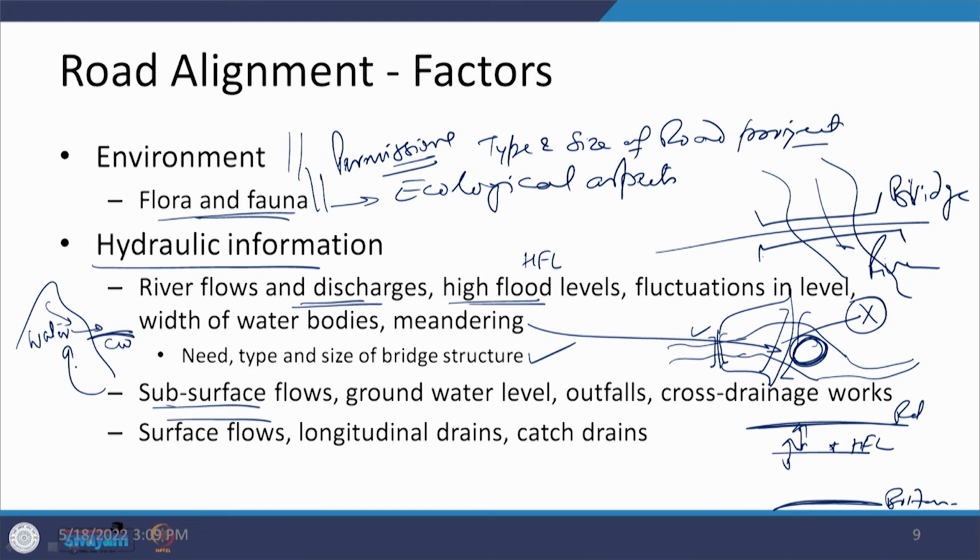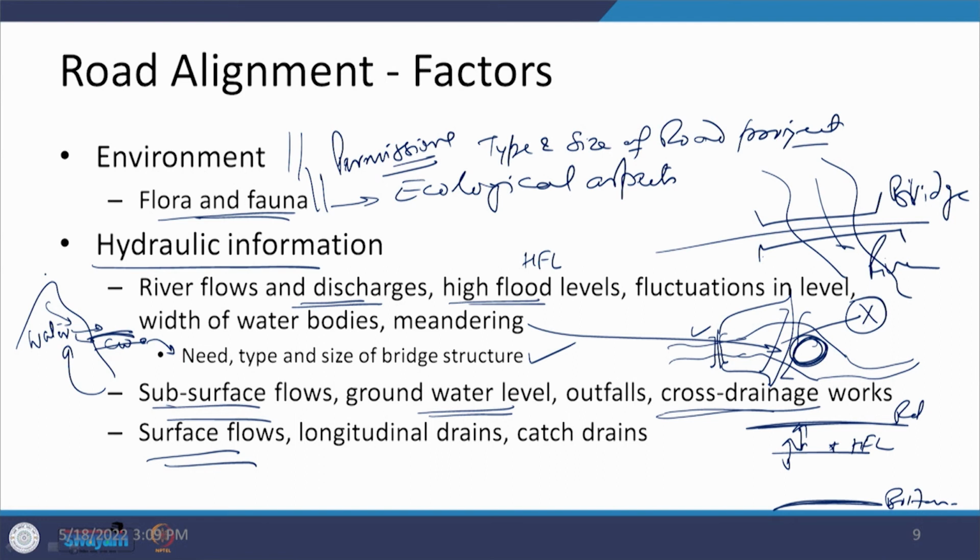So, we have to take care of these things, and the fluctuations in the groundwater table, and see what type of drains or cross drainage works need to be provided, so that the water which comes here gets to the other side and goes to the valley without creating a problem to the crust or the pavement which is being provided there as a part of the alignment.